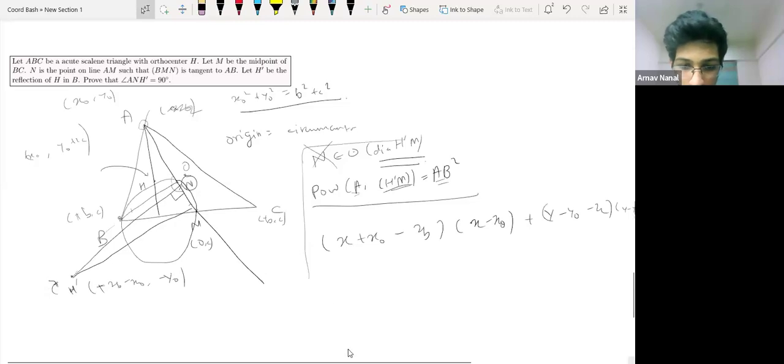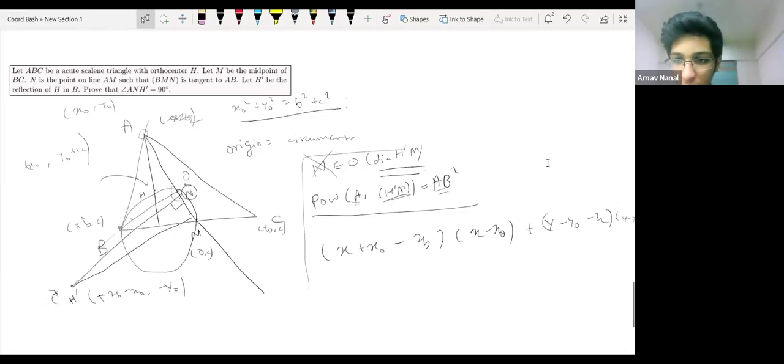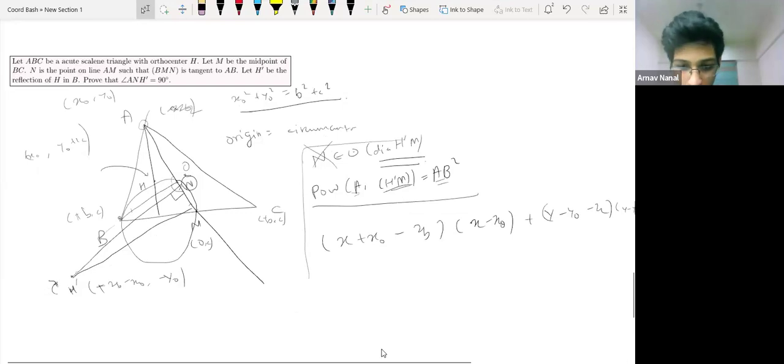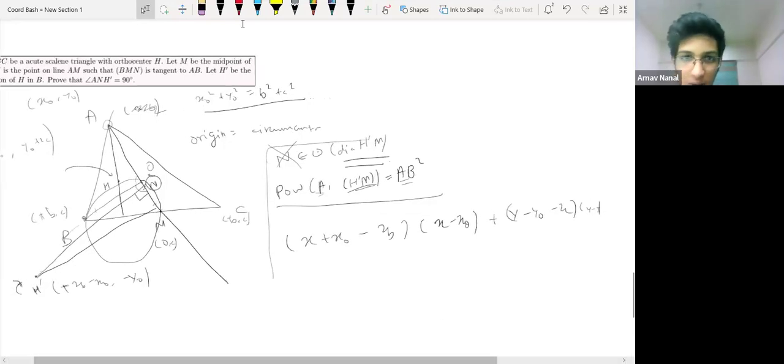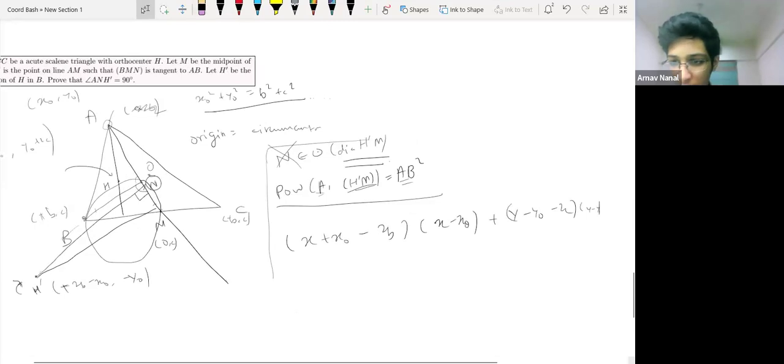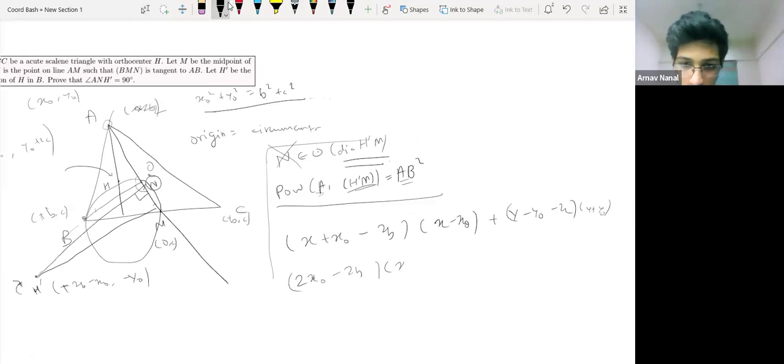Sorry. Wait, how do you move this thing? Okay. So y plus y naught. So now you have to substitute the coordinates of a here. So you will get that this is 2x naught minus 2b into, wait, why does it become 0? Did I miss something now?